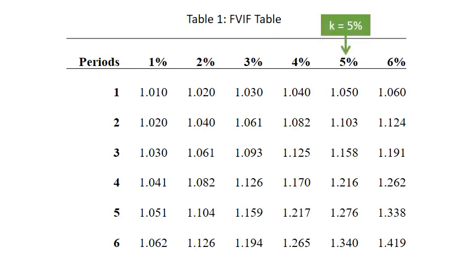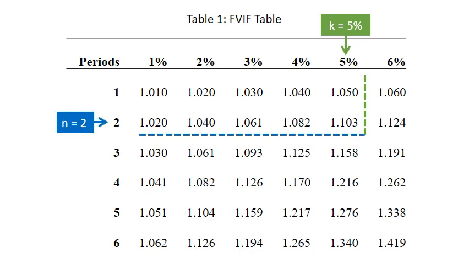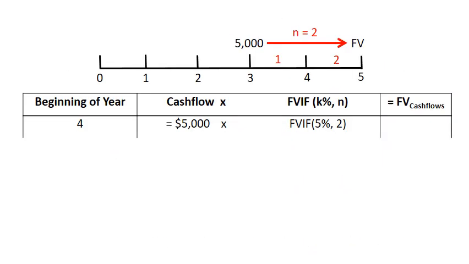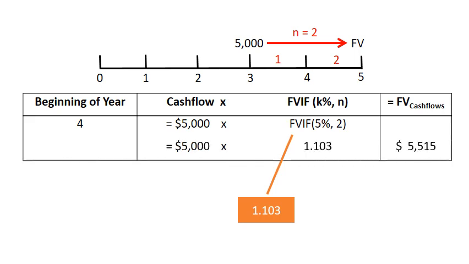We know that K is 5%, N is 2. So we're looking at the figure 1.103. We substitute this figure from the FVIF table. So it's 5,000 times 1.103 gives you a future value of 5,515.